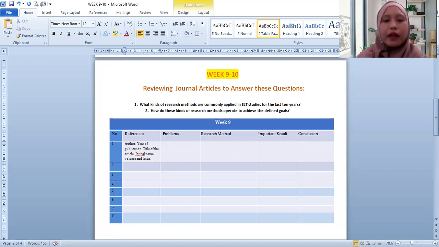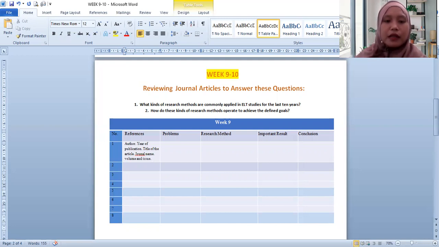If the articles are published in a journal, they are compiled, so it usually doesn't start from page 1 to page 10, but sometimes they are put in the middle of the journal.